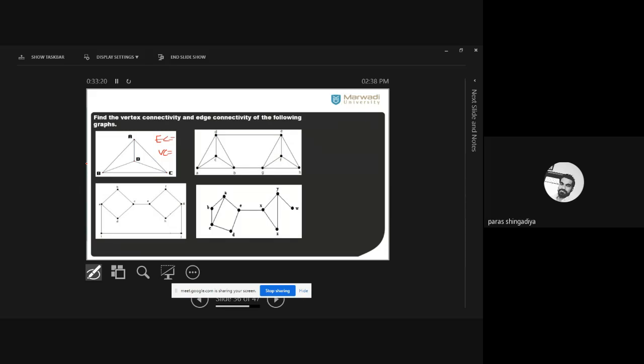So what is the edge connectivity of the first graph? 3. Yeah, very good. And vertex connectivity is not possible. Why is it not possible? Because it is a K4 graph. So vertex connectivity is not possible. You cannot find any answer for vertex connectivity.